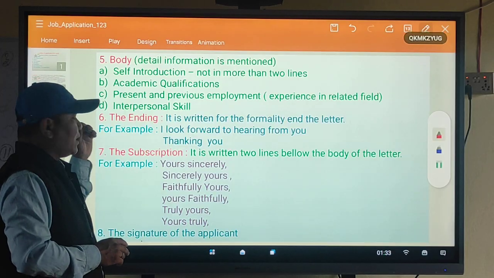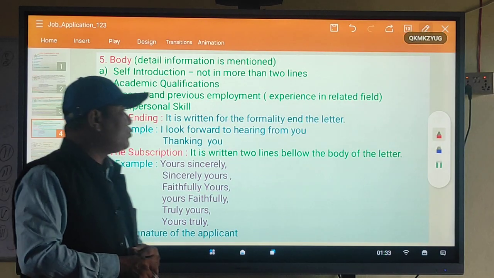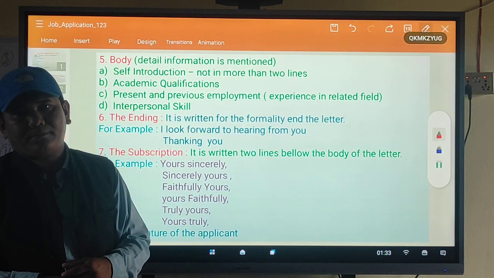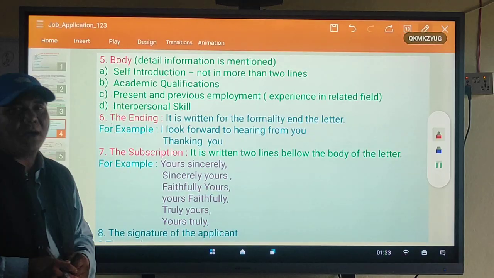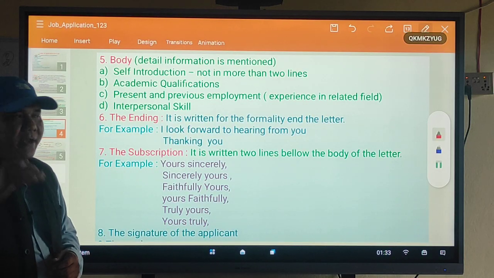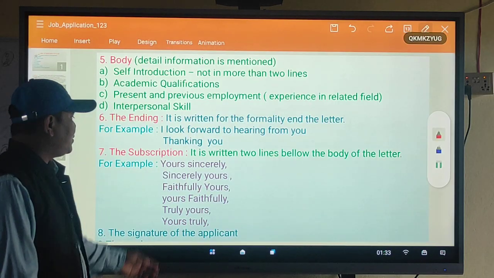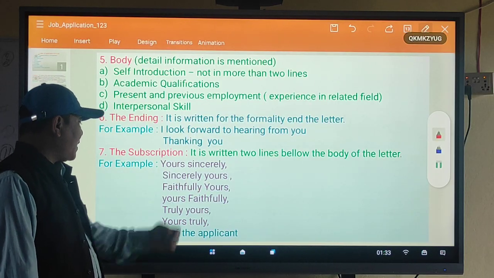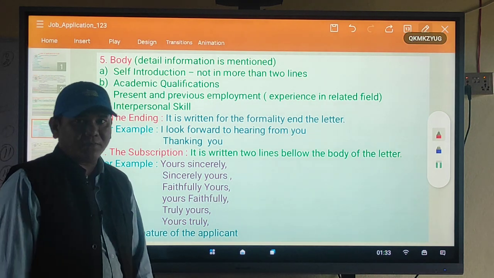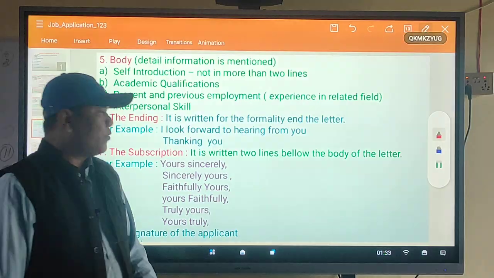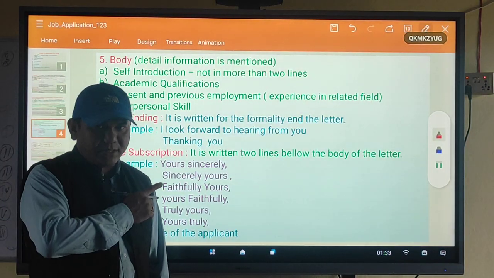Now the last part, the subscription. It is written 2 lines below the ending part, or let's say body part. Yours sincerely, sincerely yours, faithfully yours, yours faithfully, truly yours, and yours truly. Okay, you have to memorize all these subscriptions, and you have to write one of these.